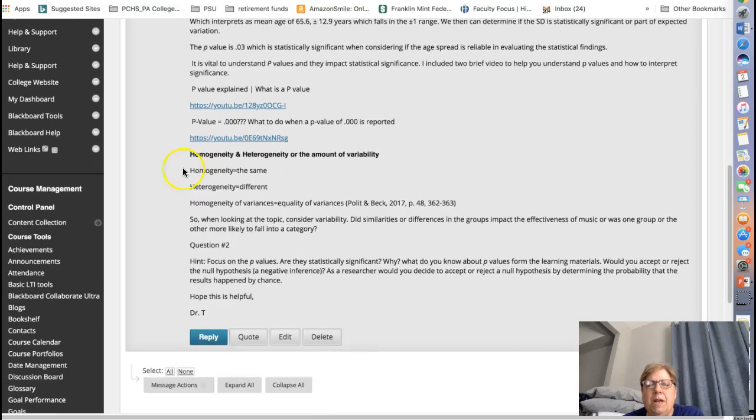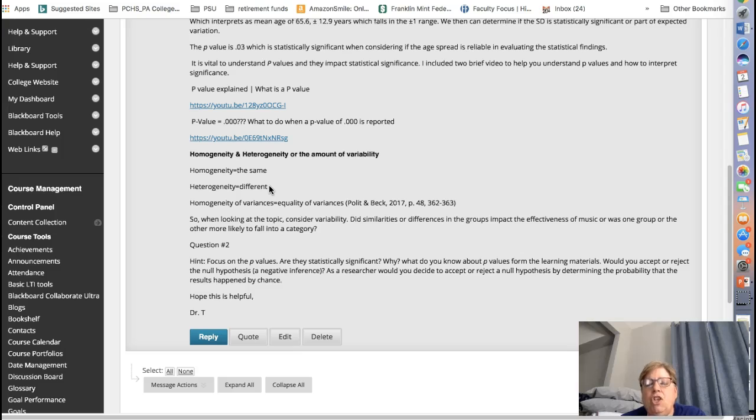Another important piece to that question 1 is homogeneity and heterogeneity, which refers to the amount of variability. With homogeneity, there's almost no variability, although that's almost impossible in studies. Especially in systematic reviews and meta-analyses, you'll notice that there's much more heterogeneity.